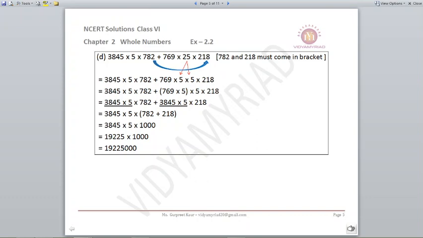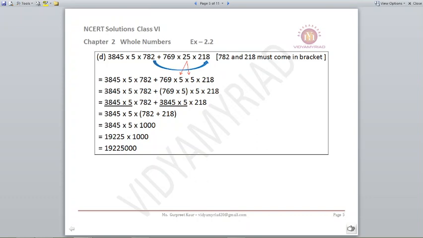Now 25 can be broken down into 5 into 5. Now in the left side first part 5 is there, and the right side first part also has 5. Now try to find 769 multiplied by 5 and 218 multiplied by 5. Can we get anything common? Should we do 218?